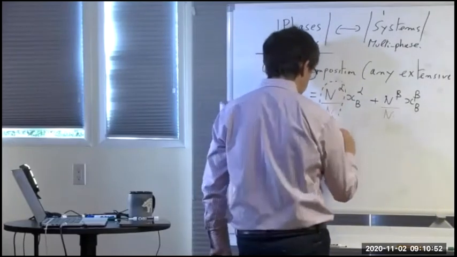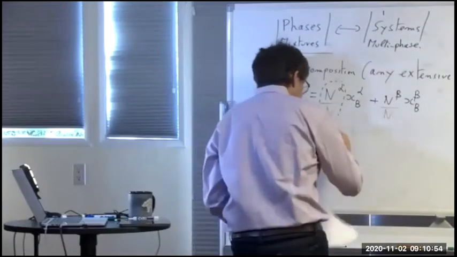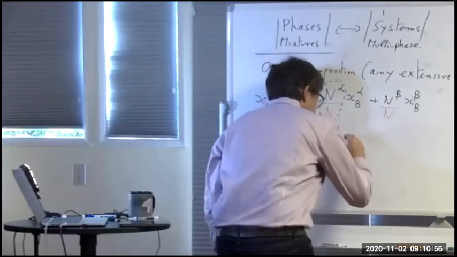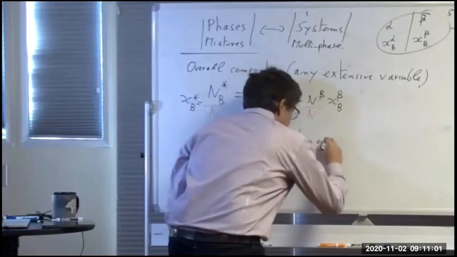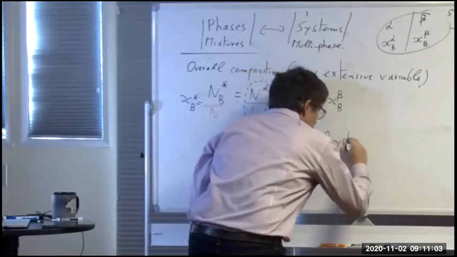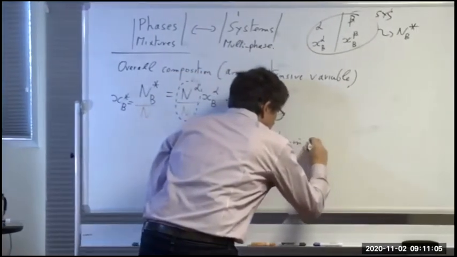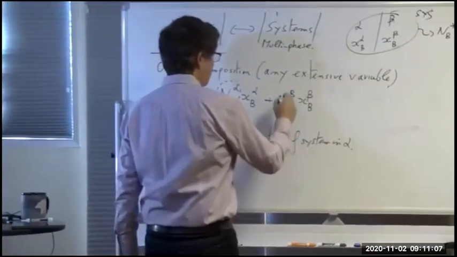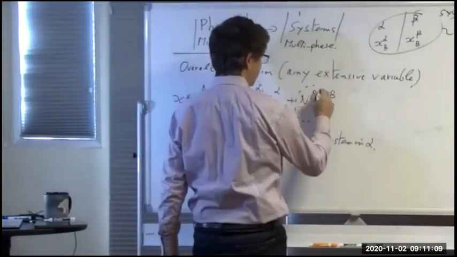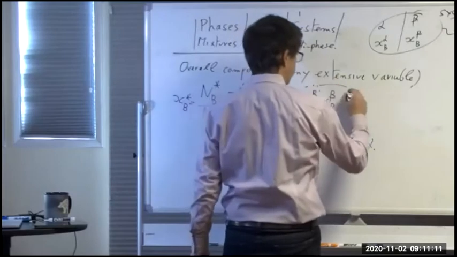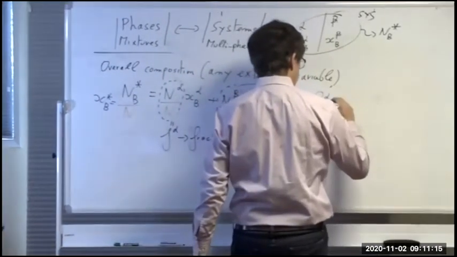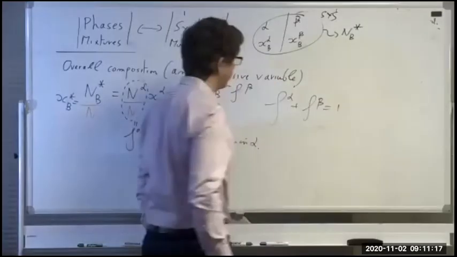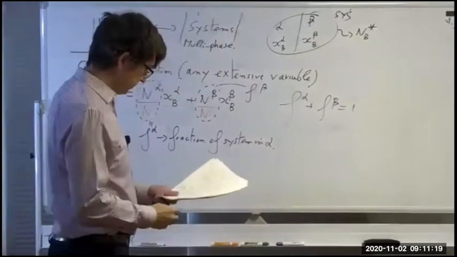So we'll call that the fraction of the system that's in alpha. And this, of course, is the fraction in beta, and fraction alpha plus fraction beta have to sum to 1, right?